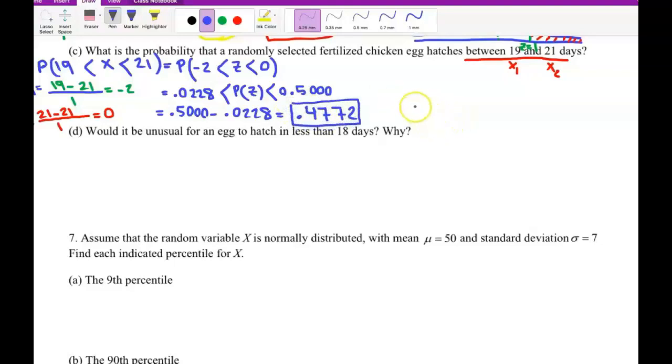Let's also draw this. Okay, so on this part we have z equals 0, and here we have -2. And we should find the area in between.